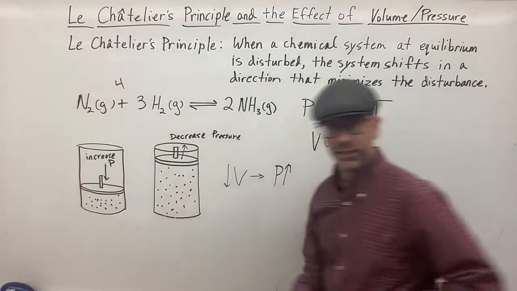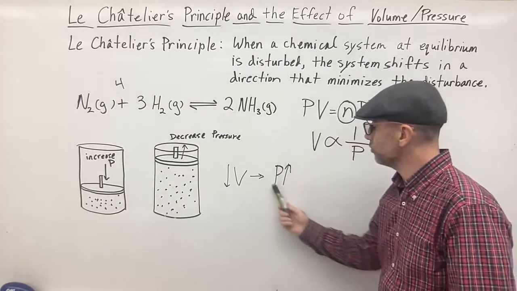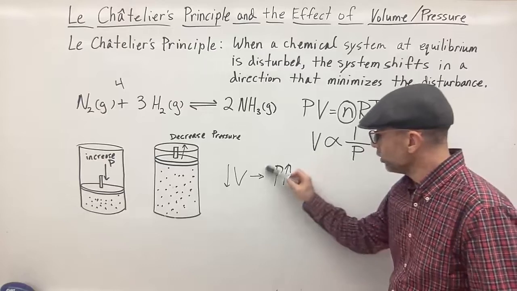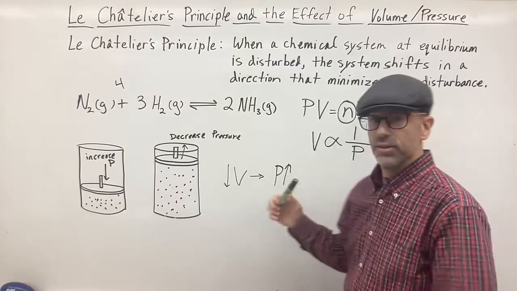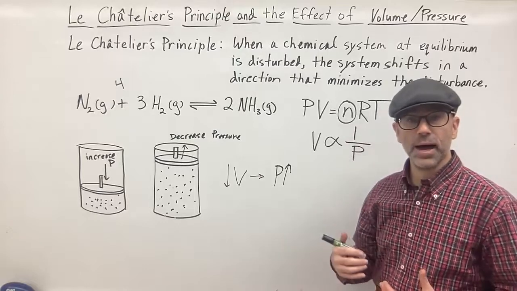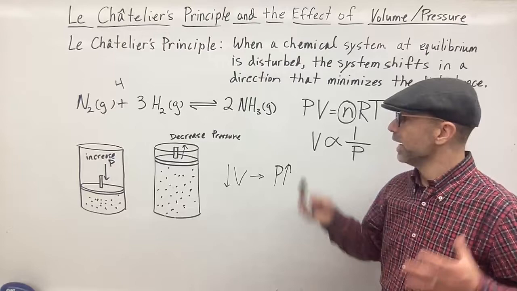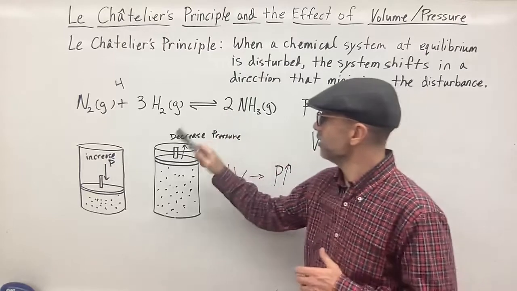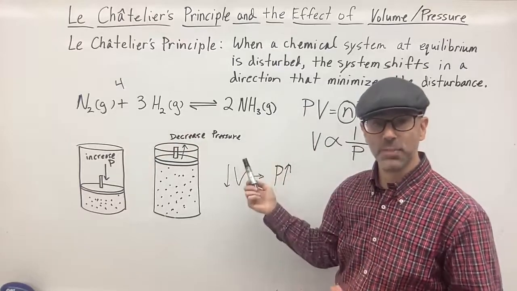So in order to undo the pressure increase, the way it's going to do that is by decreasing the number of particles. And the way it's going to do that is by shifting to the side that has less particles.